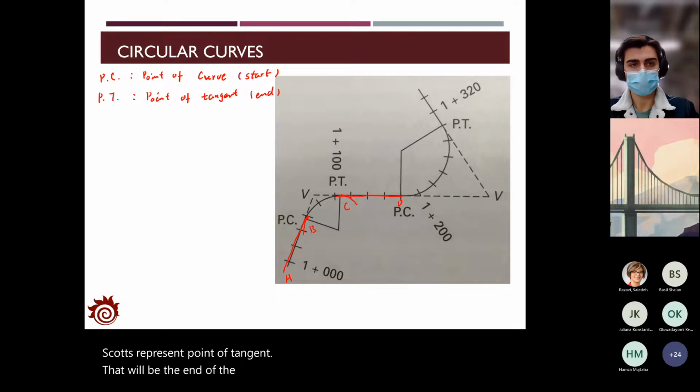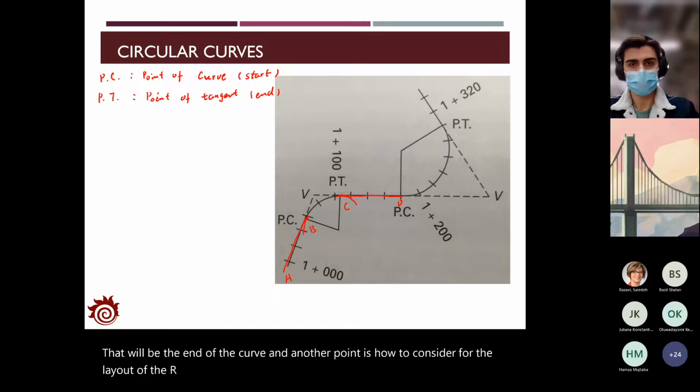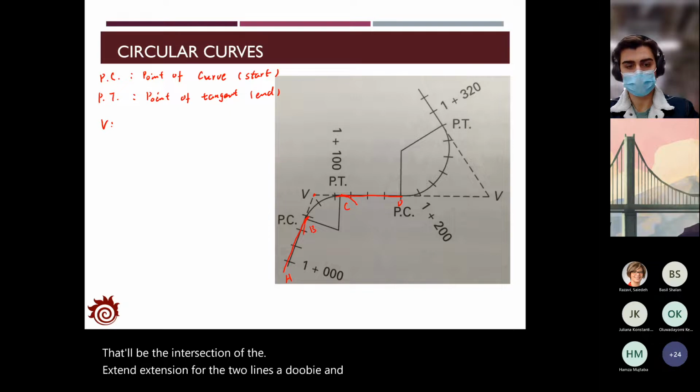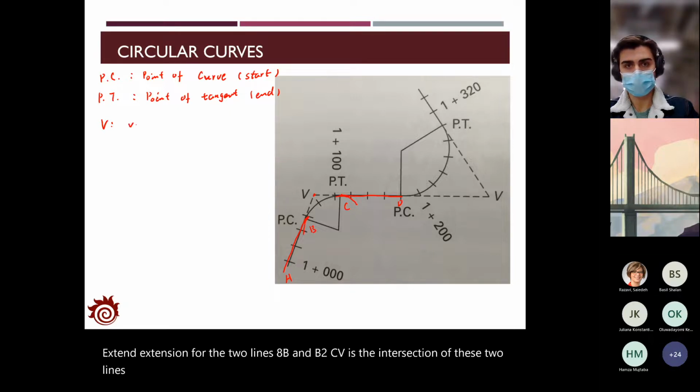And another point you have to consider for the laying out of the horizontal curve is V, which is the point here. That will be the intersection of the extensions of the two lines, A to B and D to C. V is the intersection of these two lines, and that's the abbreviation of the vertex.